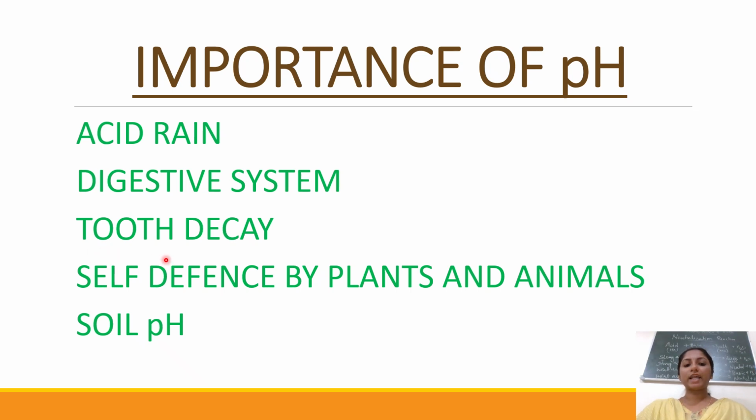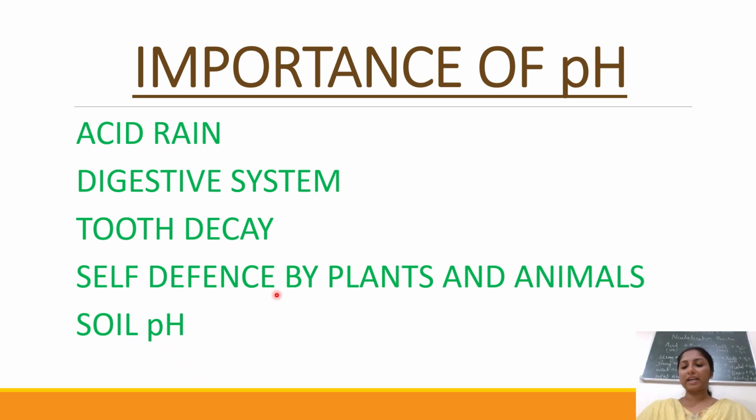And in case of self-defense by plants and animals, if we are stung by a bee or ant, we can feel itching, right? That is due to the methanoic acid which is injected by the bee and ant. So if you are suffering from more itching or bulging, we can apply some amount of baking soda. Baking soda is a weakly basic component.